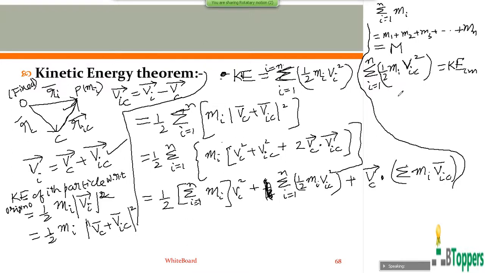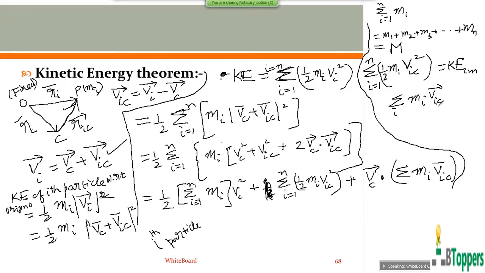Now, as I discussed in the earlier chapter, center of mass and conservation of linear momentum, the vector sum of the linear momenta of all the particles of any system with respect to the center of mass of the system as origin will always be equal to a zero vector. Sigma mi V bar subscript iC, where V bar subscript iC represents the velocity of the ith particle with respect to the center of mass of the system of the n particles.